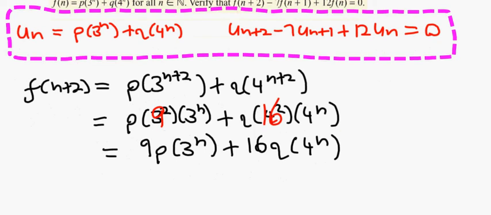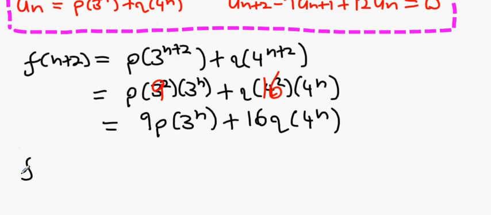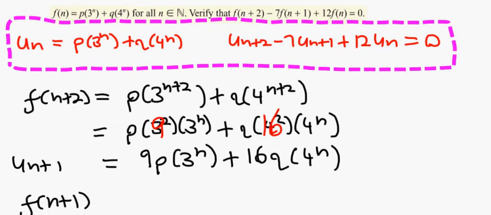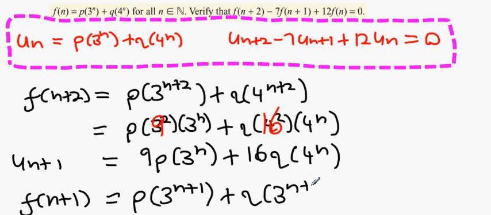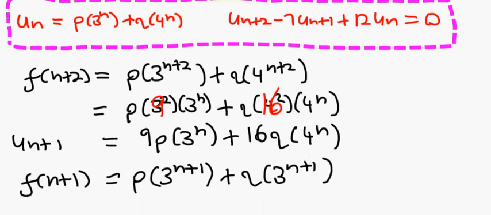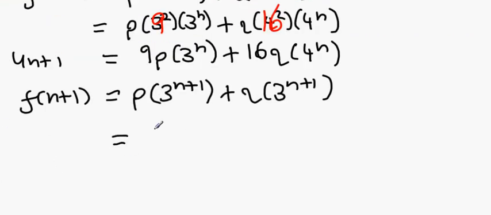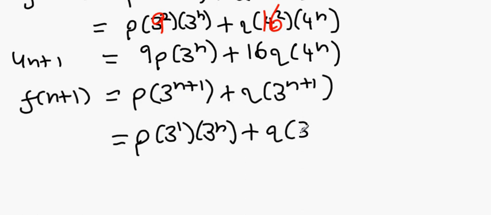What happens next is we're doing f of n plus 1. Exact same thing as me doing u of n plus 1. Anywhere you see n, replace it with n plus 1. So what we're going to get is p times 3 to the n plus 1 plus q times 4 to the n plus 1. Bring it down. What we're going to get is p times 3 to the power of 1, 3 to the power of n, using the indice rule, plus q times 4 to the power of 1.